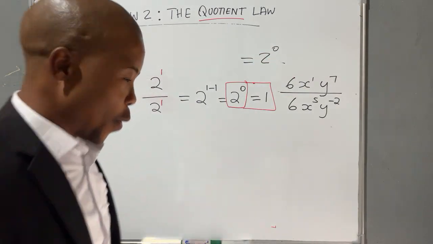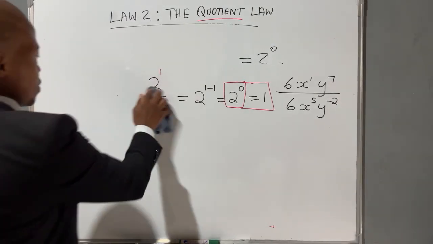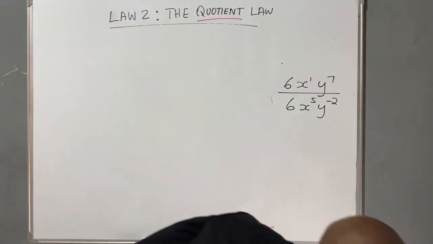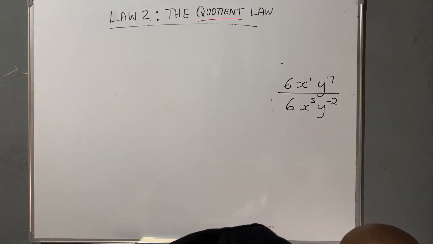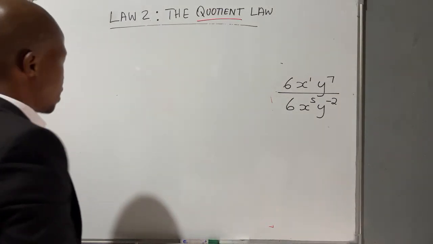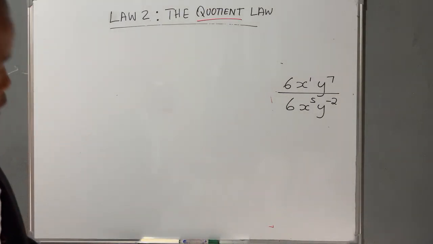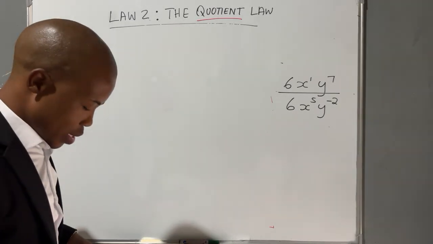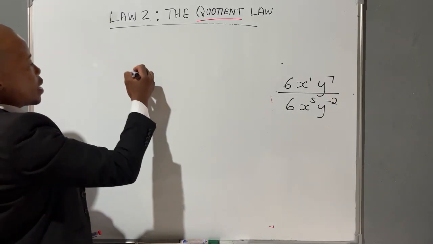This, we're still going to explain in the identities of exponents. Are we together? Now, let me erase this one, and then let's move. Sometimes, again, you might find that your exponents are actually negative.